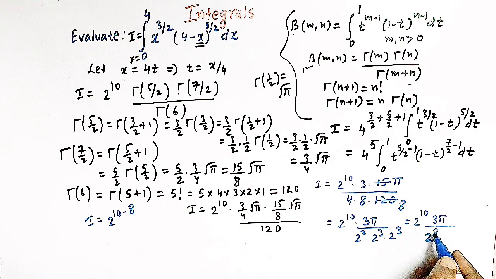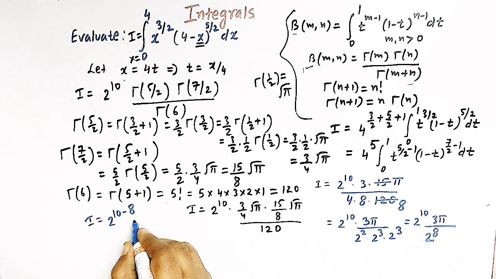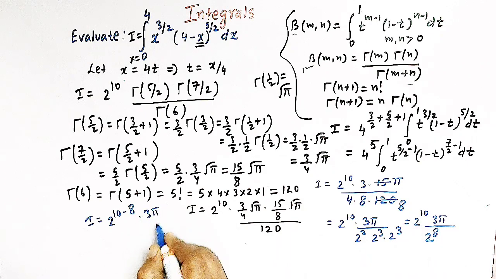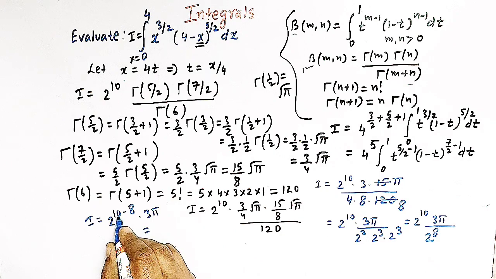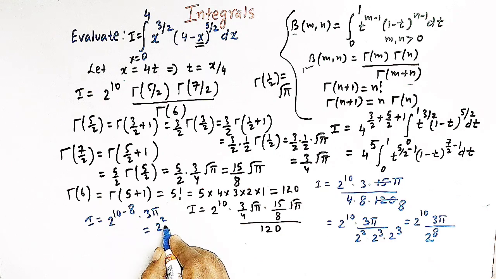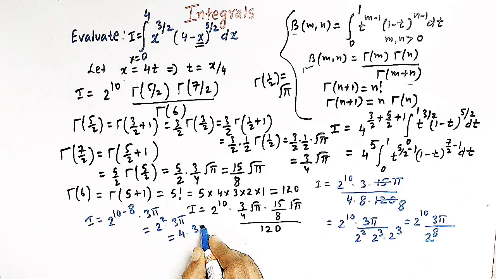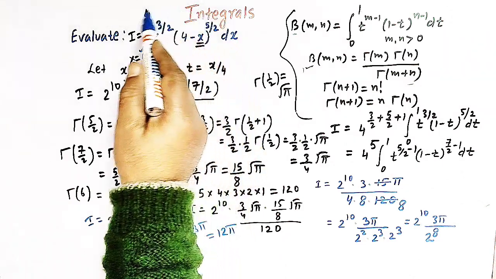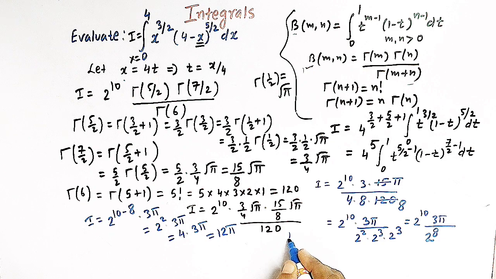So subtracting 10 and 8, we have 3 pi, and 2 raised to 10 minus 8 is 2 square, and here we have 3 pi. So 2 square is 4. 4 times 3 pi is 12 pi, right? So viewers, the value of this integral I is equal to 12 times pi.